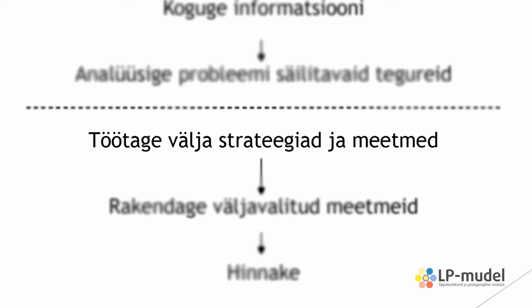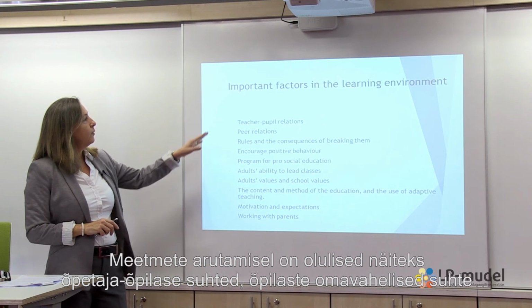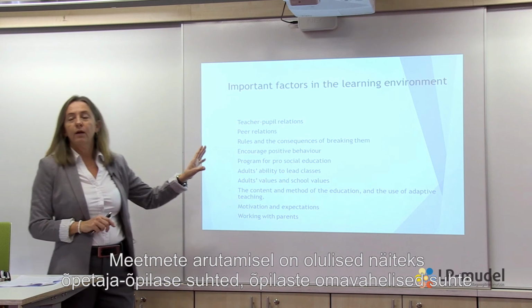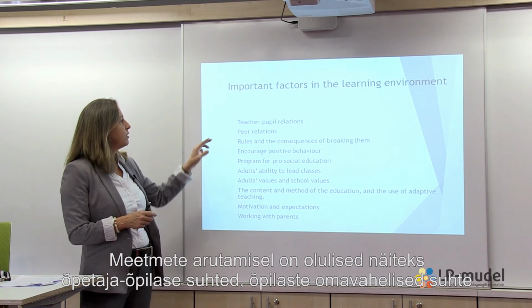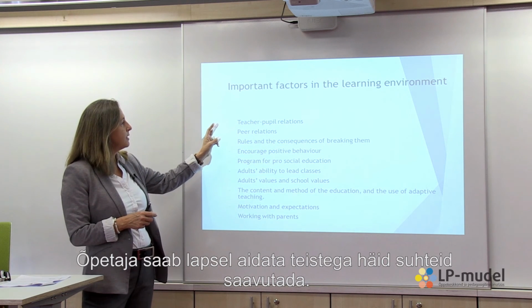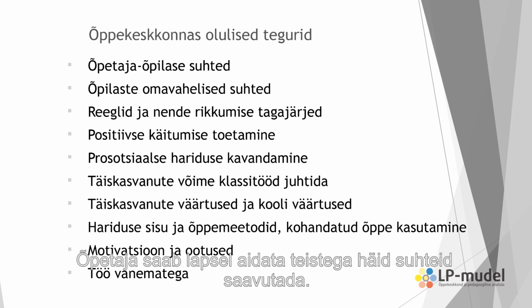And now the next step is to develop measures and strategies. So what is important to focus on when you are discussing measures is, for example, the teacher-pupil relations, the peer relations, that the teachers can help children get good relations to others, and also the rules and the consequences of breaking them.